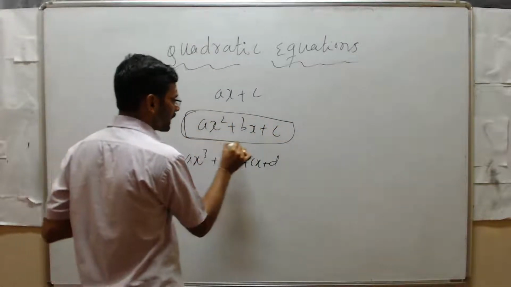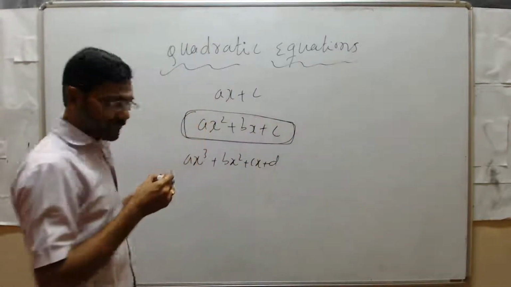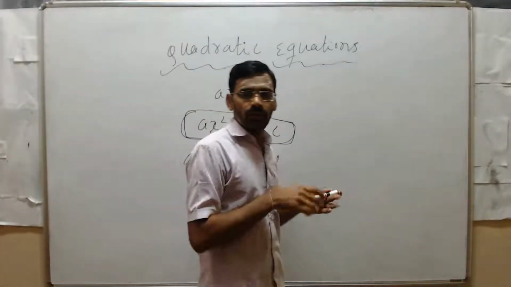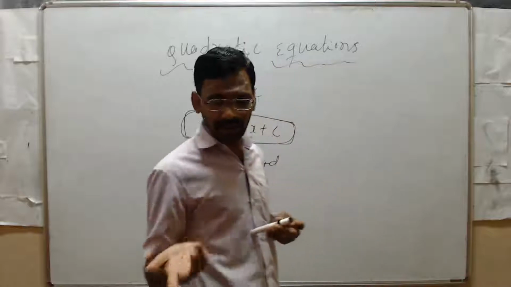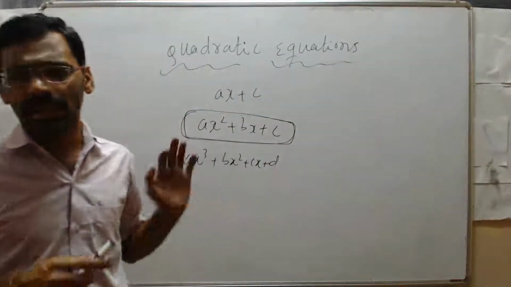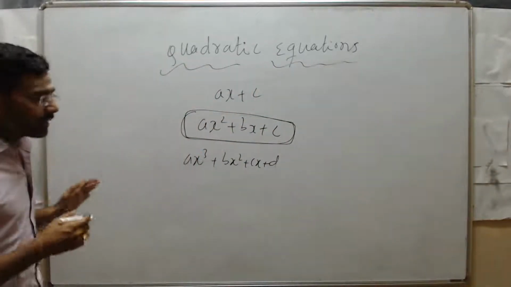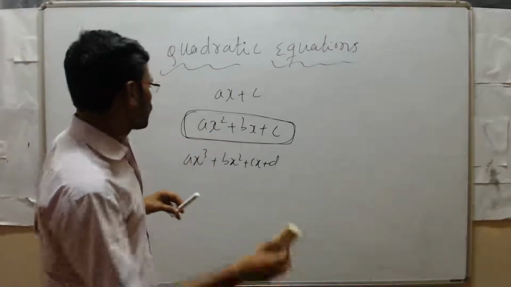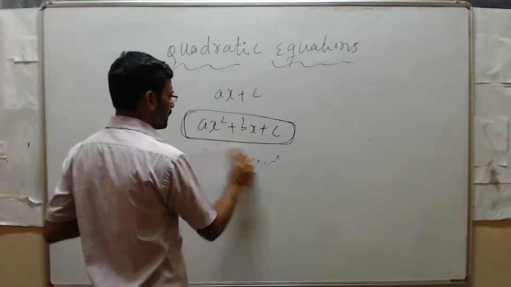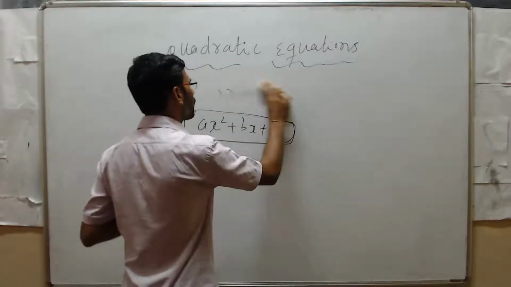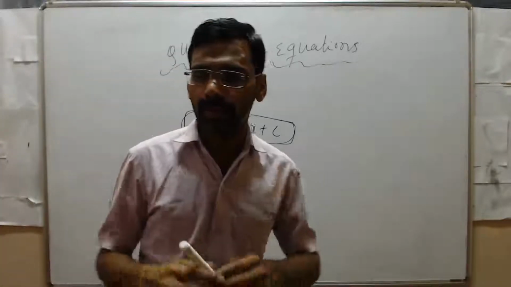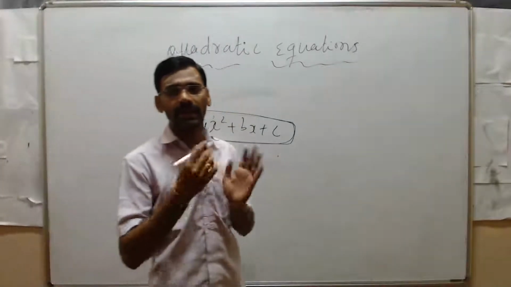Quadratic means the degree of variable is how much? 2. If the degree of variable is 1, it is linear. If the degree of variable is 2, it is quadratic. If the degree is 3, it is cubic. In this chapter, we are going to consider only the quadratic polynomial, and with its help we are going to represent a quadratic equation.